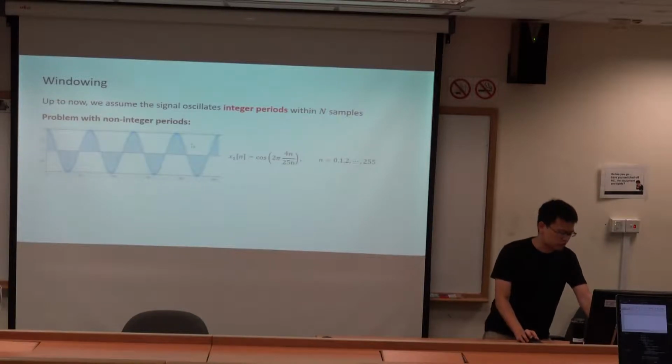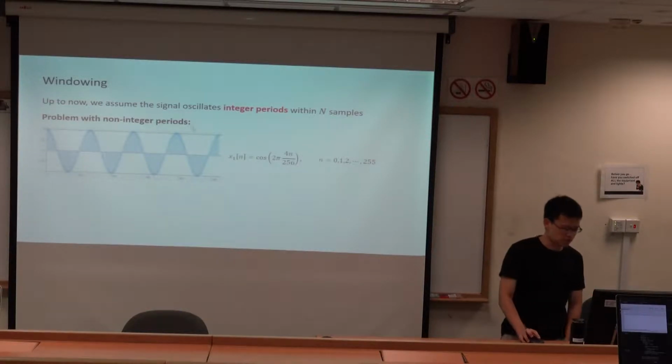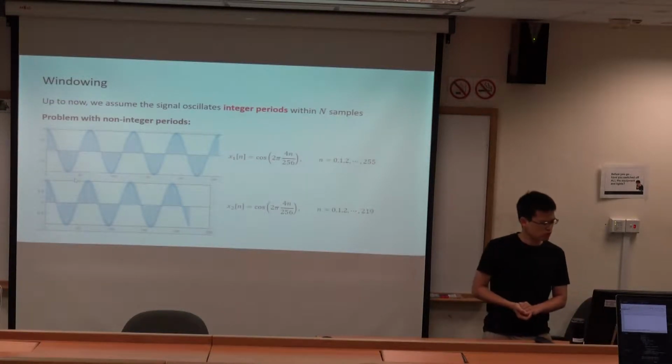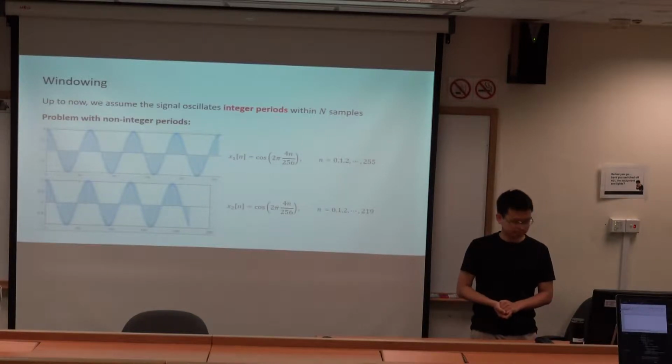So if we take a non-integer period signal, like the first one, I sample a cosine wave 256 times within 4 periods, and for the second signal I cut it here. But their frequency should be the same, right?